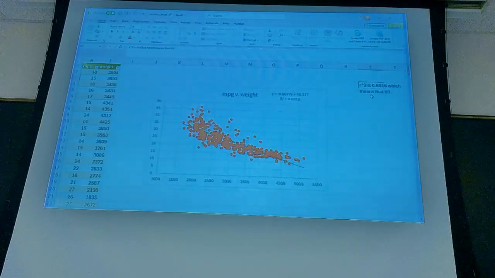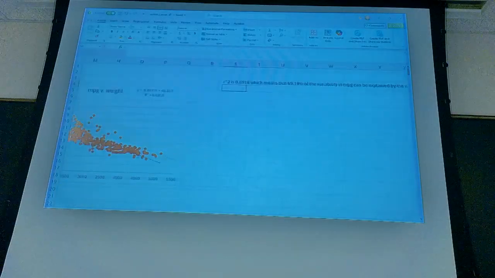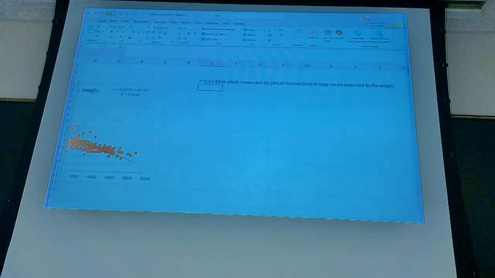Percent variability in miles per gallon, and remember, that's what R squared is. So we can explain about 69.18% of the variability in the miles per gallon by the weight.